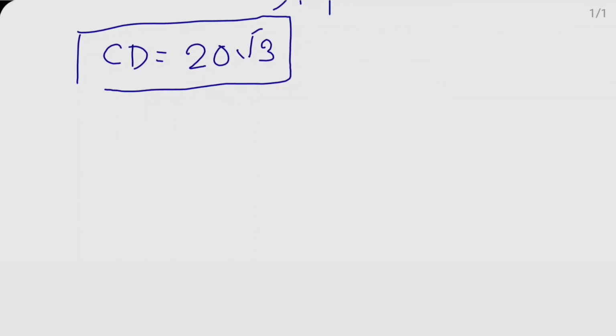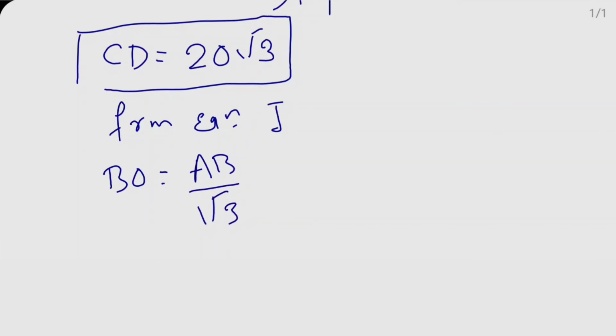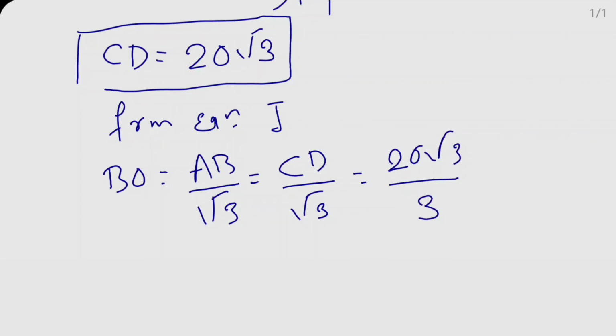So now here from equation 1, OB equal to AB by root 3. So this equal to, this one we can write CD by root 3 because AB and CD are equal. So this equal to CD is 20 root 3 by root 3. So here root 3 gets cancelled, we got 20. OB is 20 here.